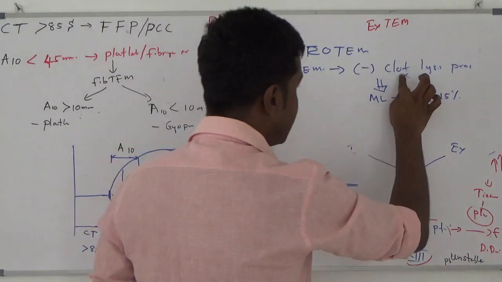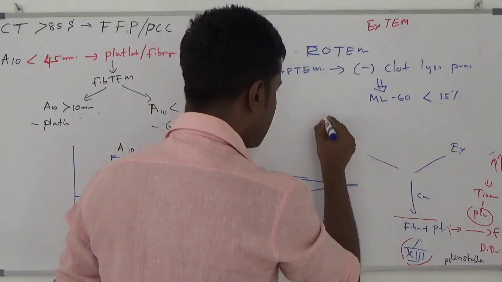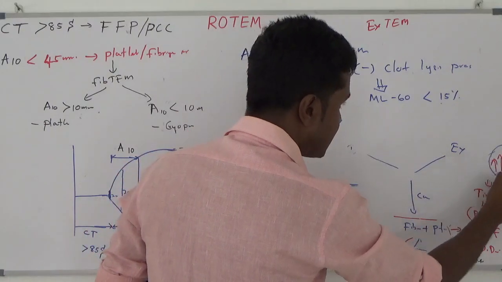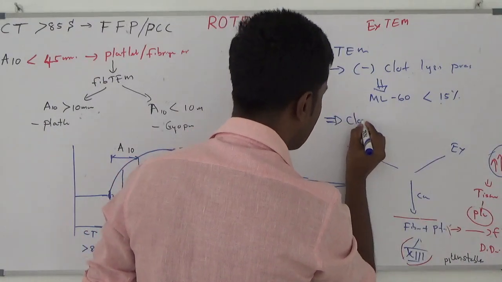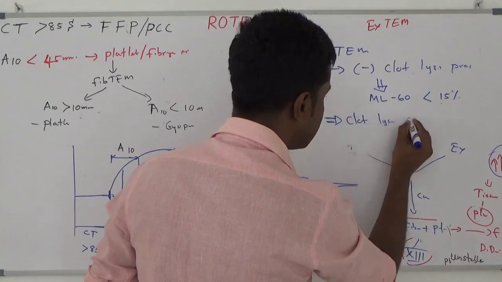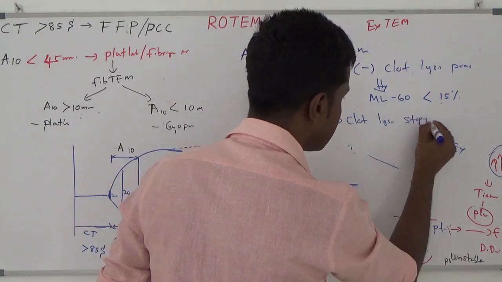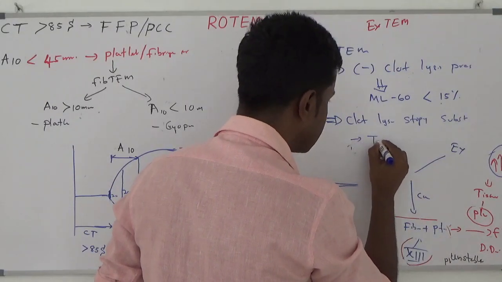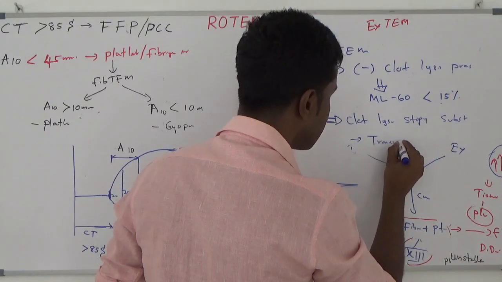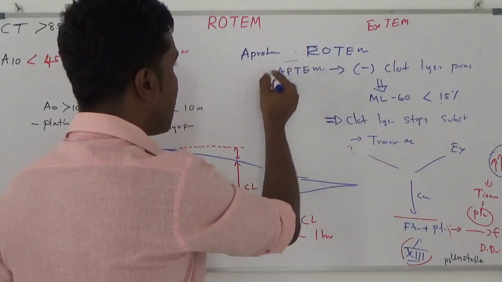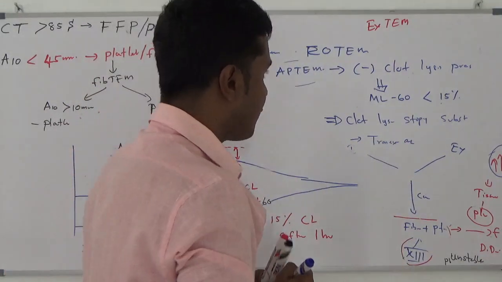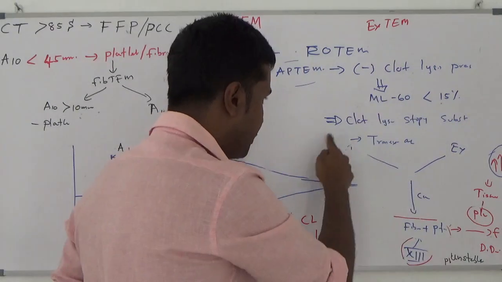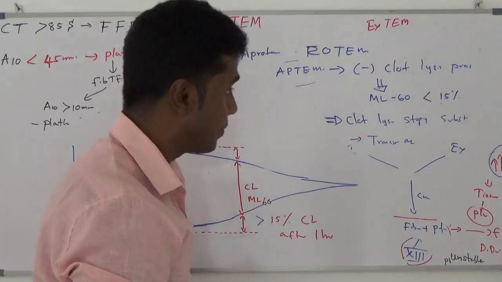That means I need to give some kind of proteolysis stopping substance. What I am going to give is tranexamic acid. If I find maximum lysis less than 15% after this attempt, I should give tranexamic acid.